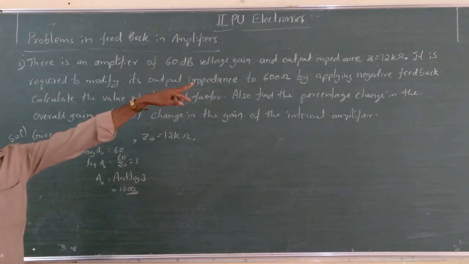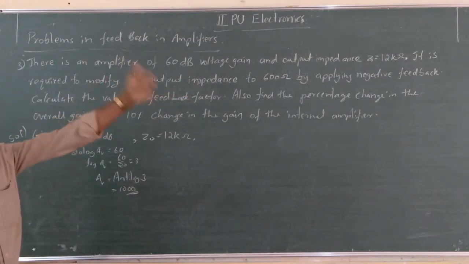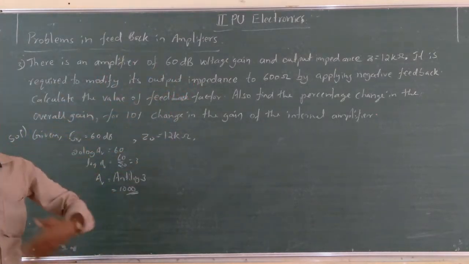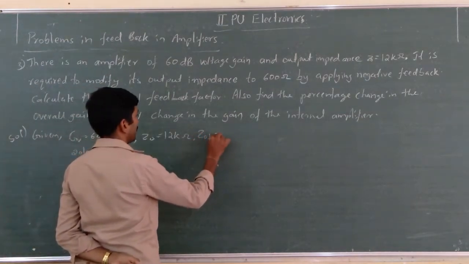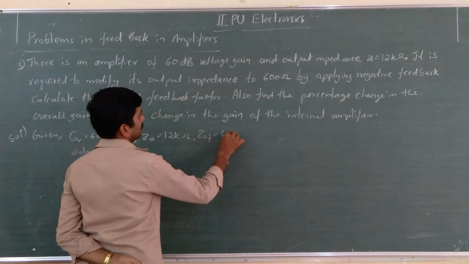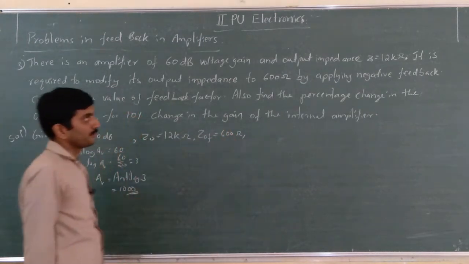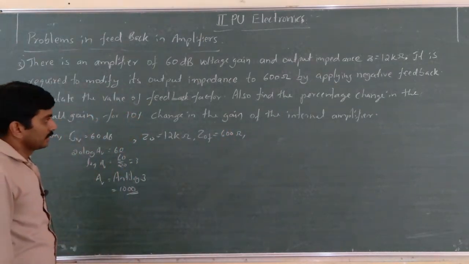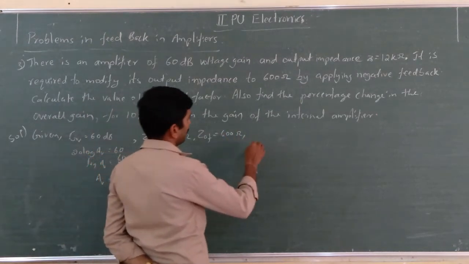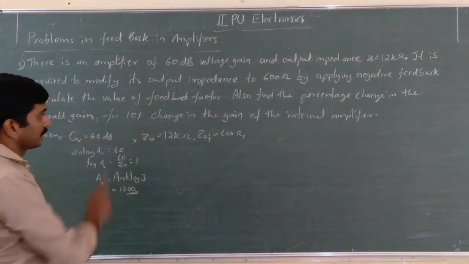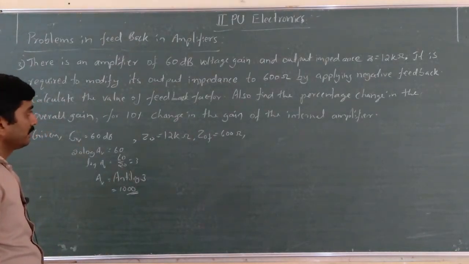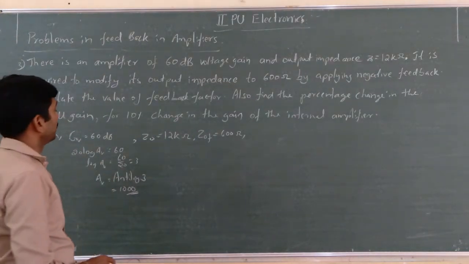The initial output impedance without feedback is 12 kilo ohm, and it is to be reduced to 600 ohm after applying feedback. Okay. Calculate the feedback factor, and also calculate the percentage change in overall gain with a change in gain of 10%.